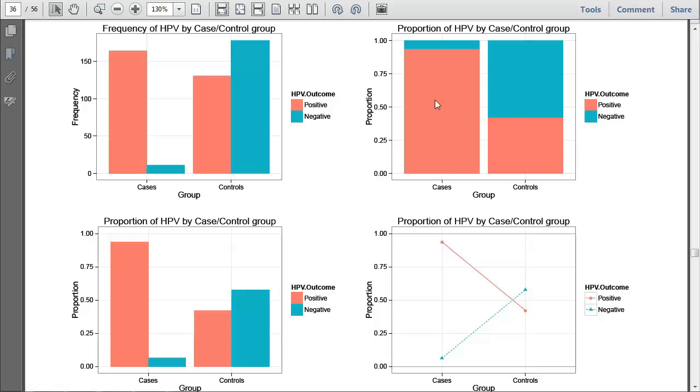So we have a single bar colored red and blue, and I really like this plot when there's only 2 groups and when the success category, so in this case positive HPV, starts at the bottom, so that then you can read up to the boundary, and that is your probability of success, around 0.95 or something.